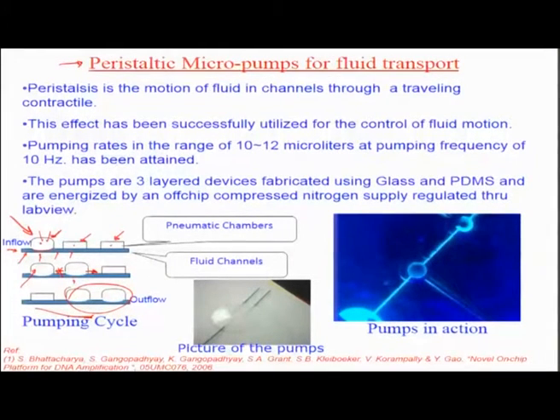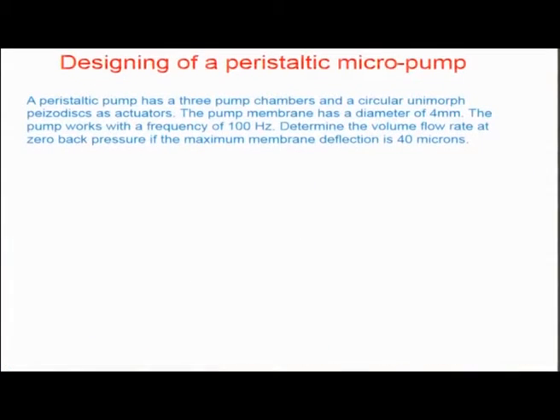So, we want to somehow model this, design this to estimate that because of such a travelling contractile, what is going to be the outflow for every such contraction to happen within a flexible microchannel. And for this purpose, I have a problem which has to be designed for.